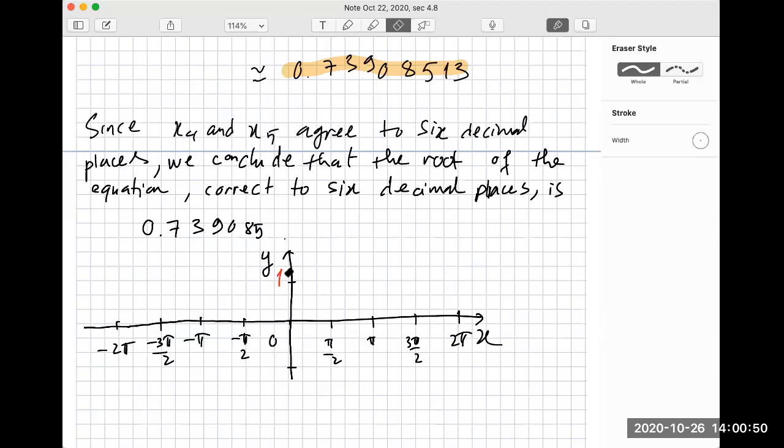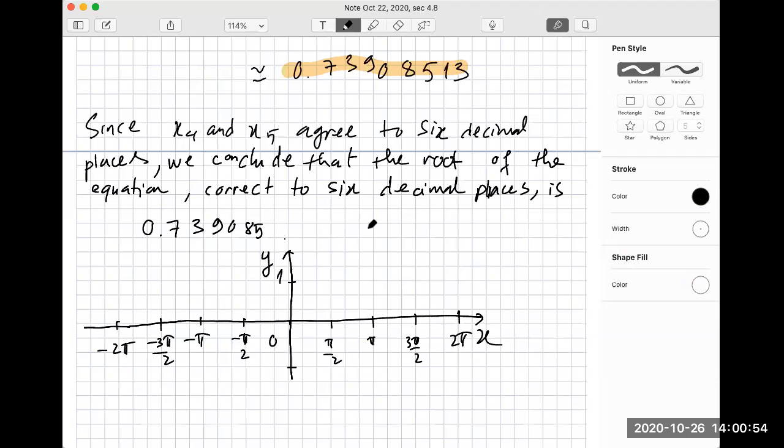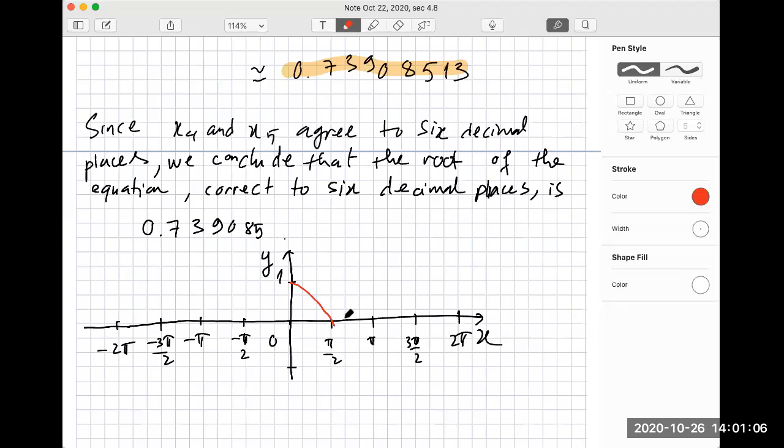then the cosine function, cosine at 0 gives us 1, right? Cosine at pi over 2 would be 0. Cosine of pi would be negative 1. At 3 pi over 2, it would be 0.